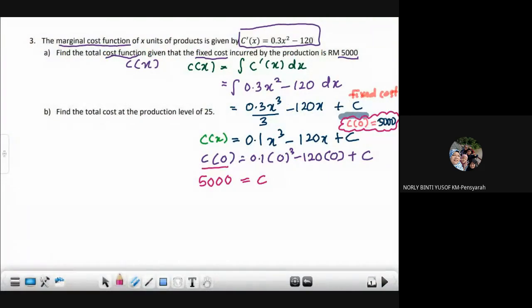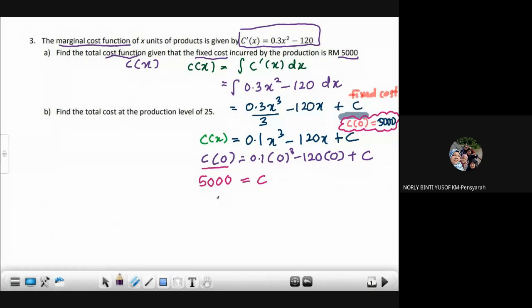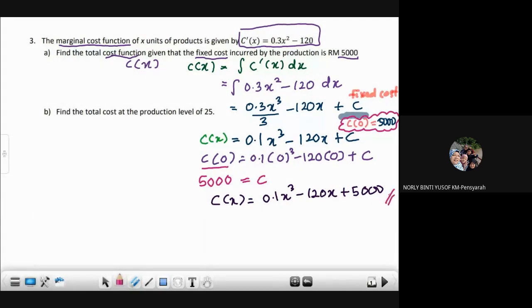Okay, then lepas tu barulah tulis you punya function for C(x). Thus, C(x) equals to 0.1 x power 3 minus 120x plus 5,000. Okay, jadi itu adalah fungsi cost function you. Okay, dekat assignment nanti cara ni buatlah.